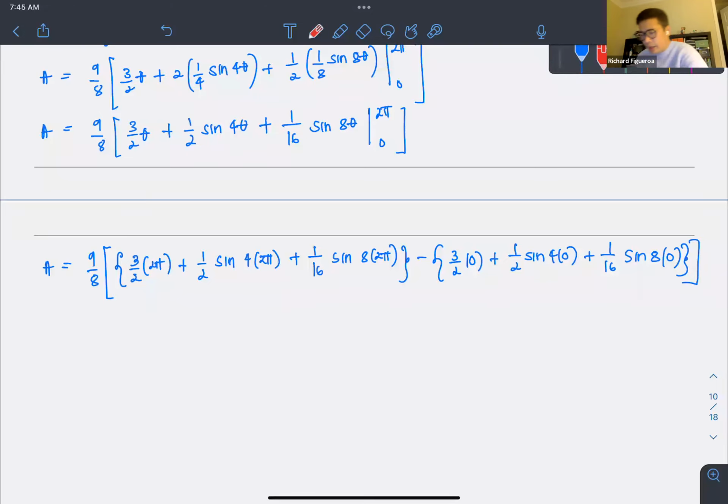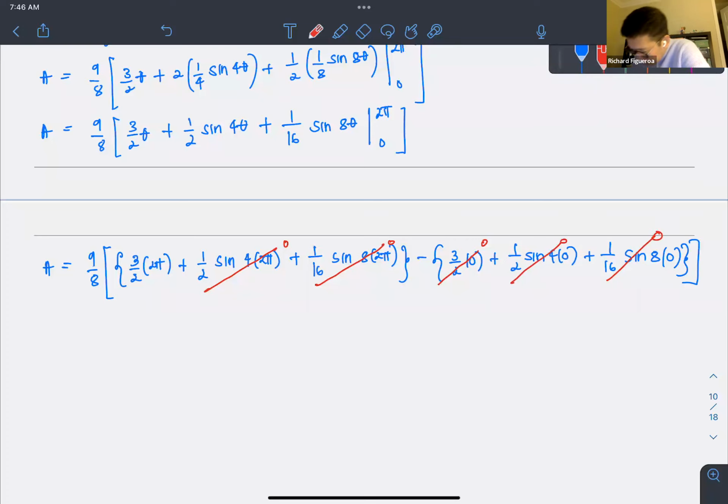So sine 2 pi times 4, multiple pa yan, so babalik at babalik lang siya doon sa sine 2 pi, which is 0 degrees. So sine 0, that is 0. So ganun din ito, multiple lang siya ng 8. So sine of 0, that is still 0. So 3 over 2 times 0 is 0. So sine 0 is 0. So sine 0 is 0.